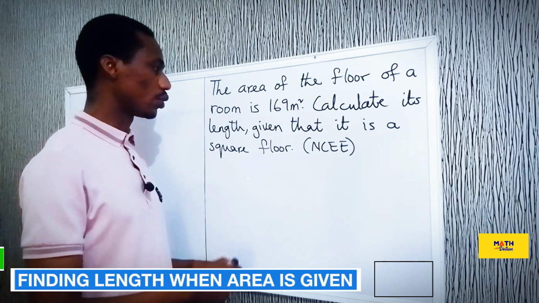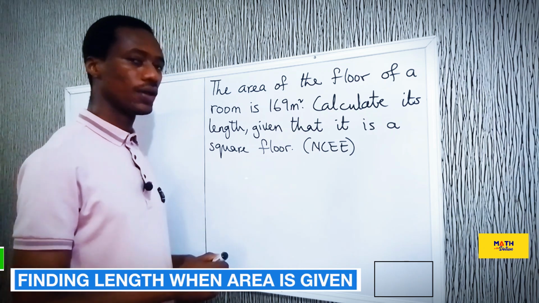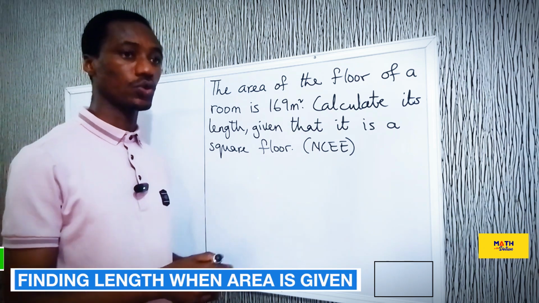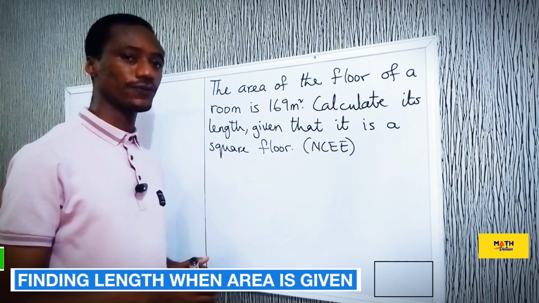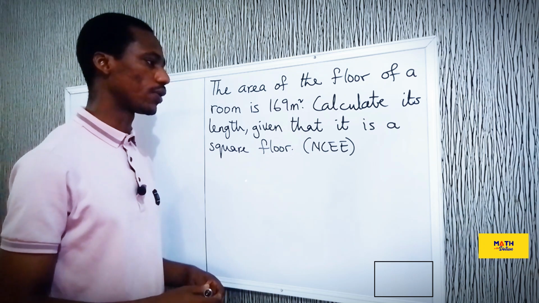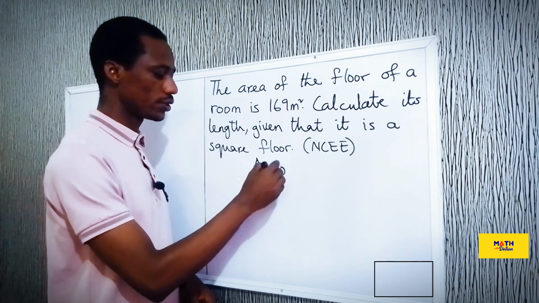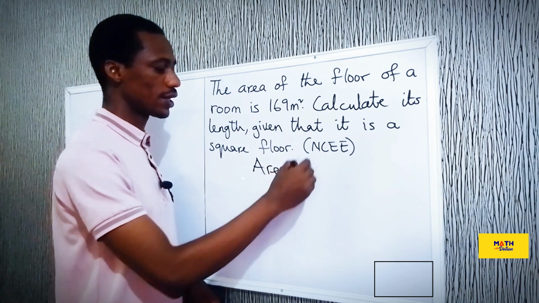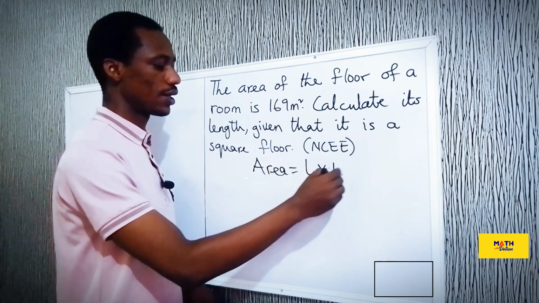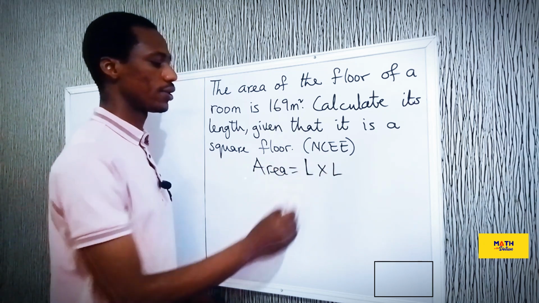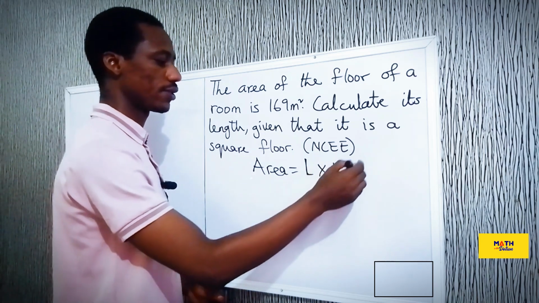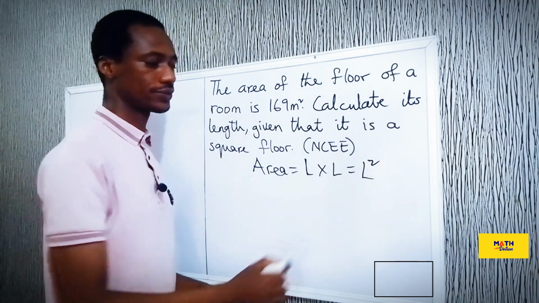All right, so we have a square. A square is a quadrilateral with all four sides equal. When we're calculating the area of a square, it's length times length, or length squared.